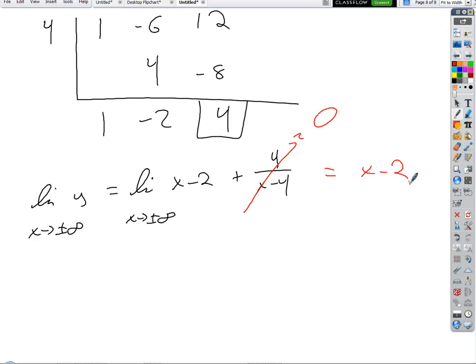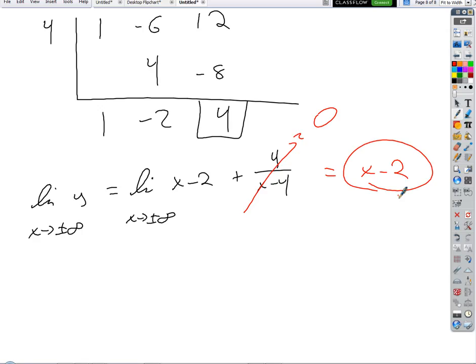What we said before still holds: as x approaches positive infinity, y is going to be positive infinity, and as x approaches negative infinity, it'll be negative infinity. But this is the shape of the asymptote that dictates the end behavior. It's a slant asymptote. It looks like the line y equals x minus 2.